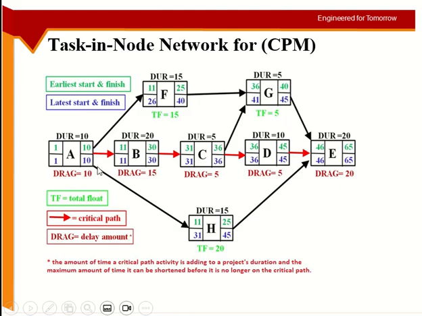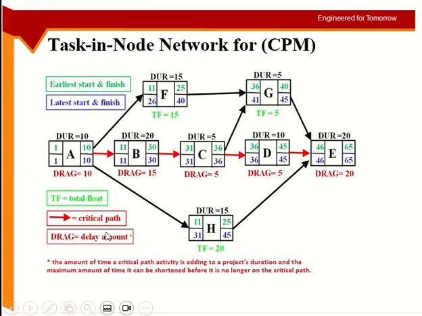If I put 25, then I'm violating the dependency of B, because this has to start after 25. When I put 10, I satisfy all three of them. 10 is before 26, 10 is before 11, and 10 is before 31 as well.